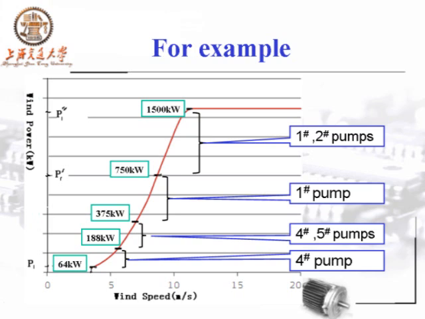And this one is one large pump operating at variable speed. And in this area, two large pumps operate at variable speed synchronously. So in this way we can cover all of the fluctuating area of the wind power.